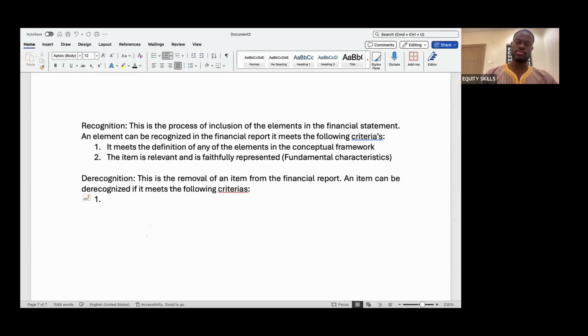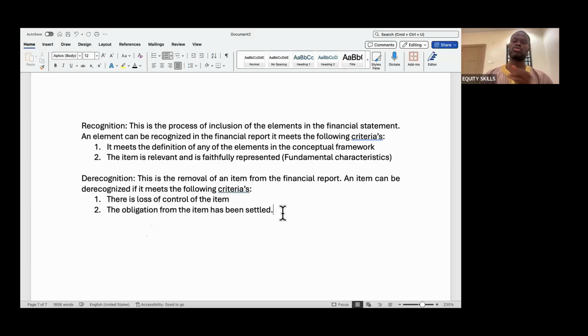Number 1, there is loss of control of the item, meaning we have lost control of the item, then derecognize it. Or the obligation from the item has been settled or extinguished, then we need to derecognize it from our books.